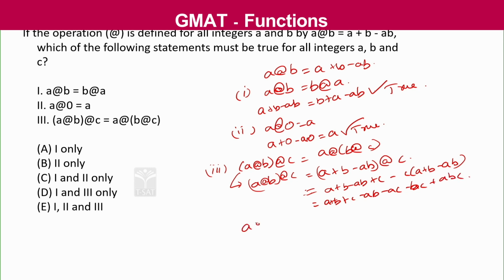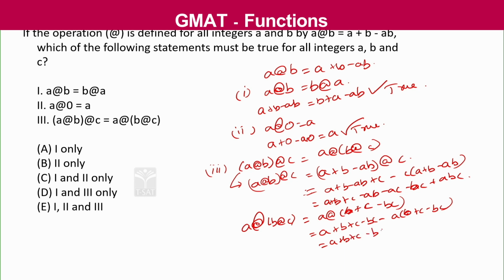And now let's check a @ (b @ c), which is equal to a @ (b + c - bc), which is equal to a + b + c - bc - a(b + c - bc), which is equal to a + b + c - bc - ab - ac + abc.